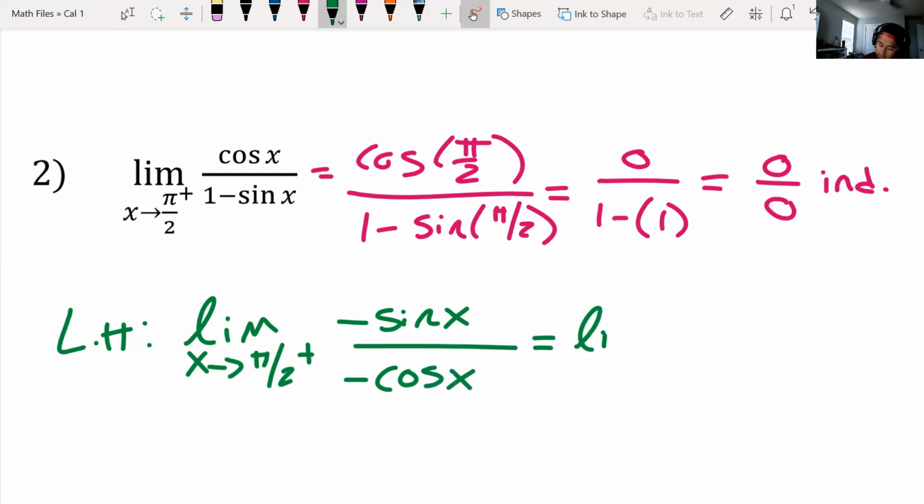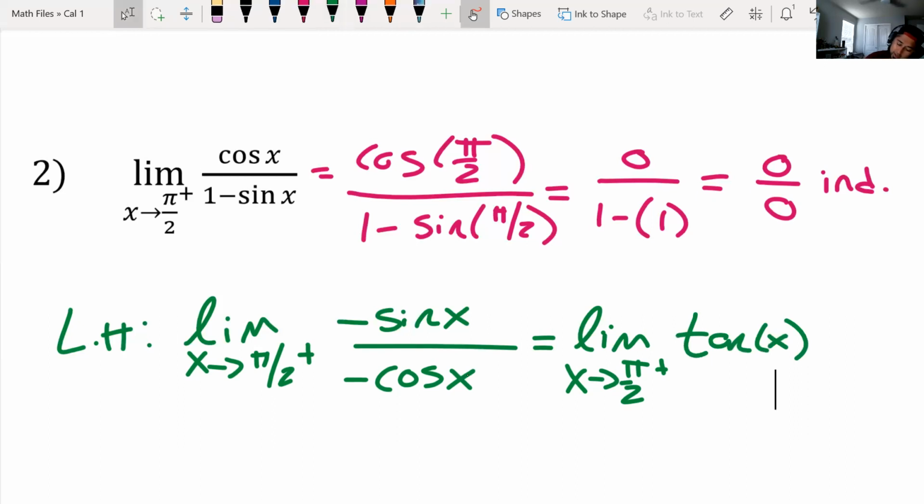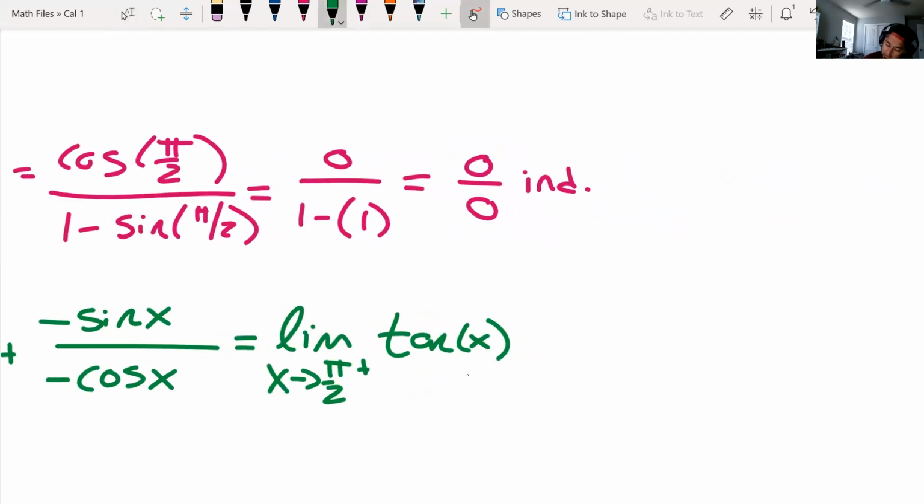And you get the limit as x approaches pi over 2 from the right of positive sine x over cosine x, or what function is that? Tangent of x.